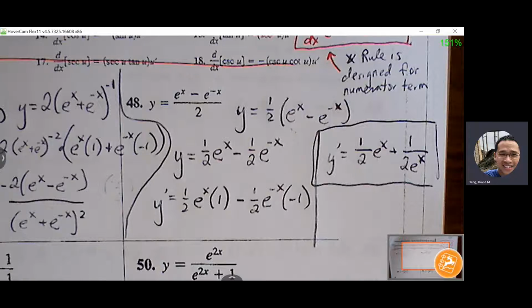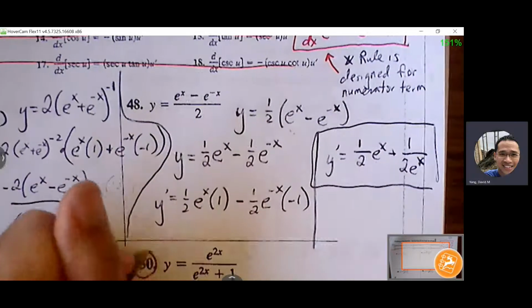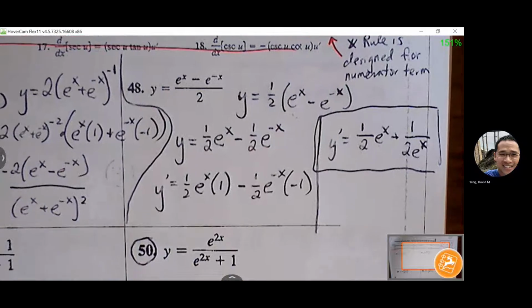Okay, take a look at 50. Look at how this fraction is constructed. What makes this different than 47 or 48? Yeah, it's not a simple term.